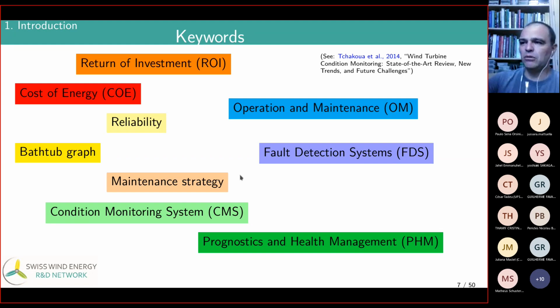We need to have a good maintenance strategy. And so things come to the condition monitoring system. So this is a way of reducing the cost of energy and increasing return on investments. Okay, so these two green blocks here, they are related to what I am trying to introduce to you.